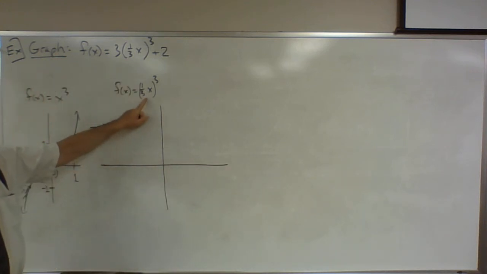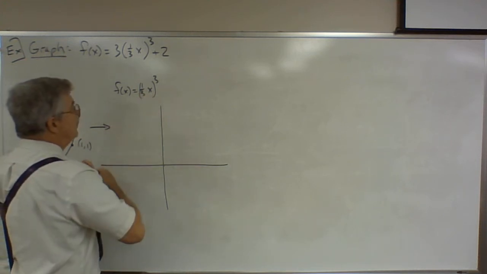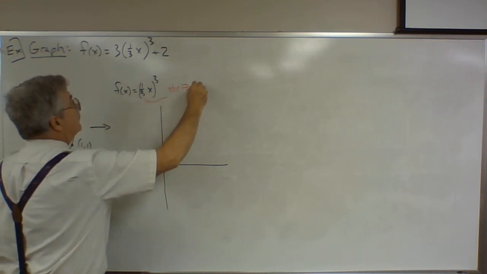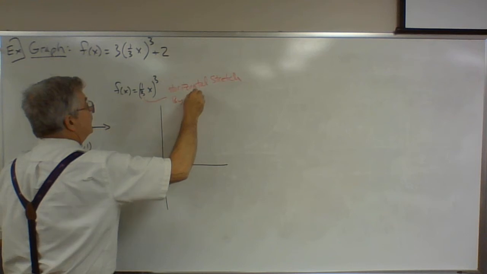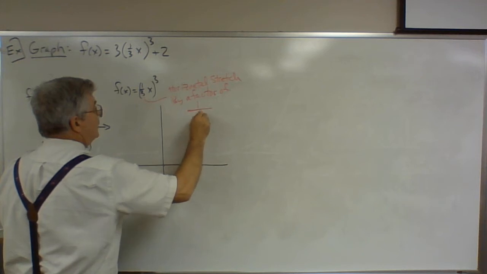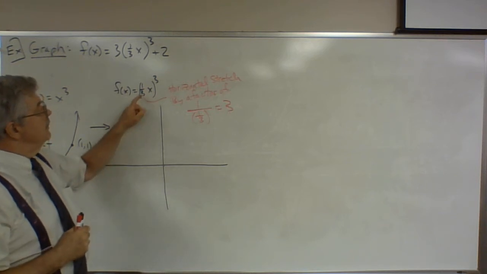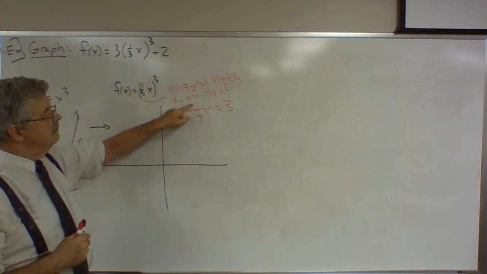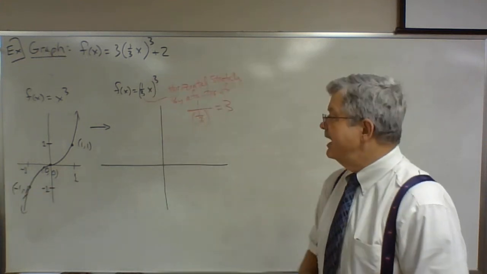And it's going to stretch everything horizontally by a factor of 1 over whatever this thing is. So 1 over 1/3 is 3. Everything's going to be stretched out horizontally by a factor of 3.